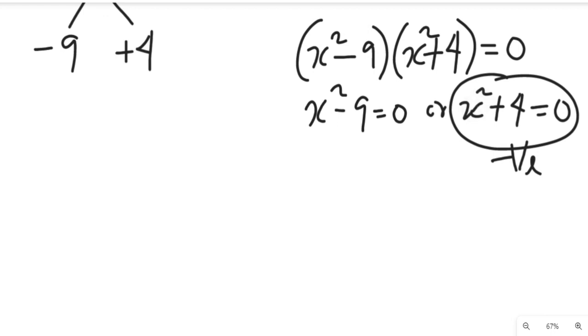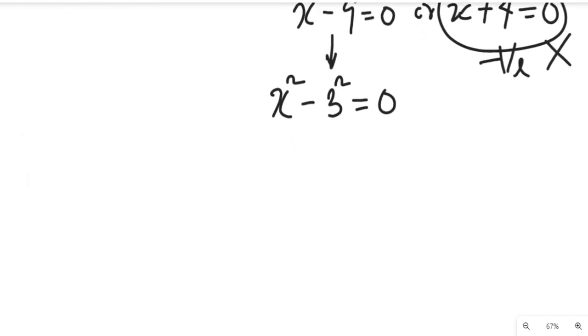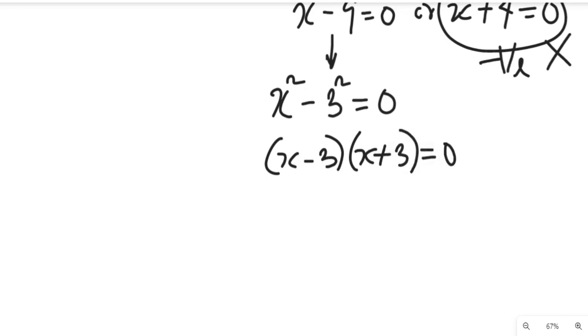Since that will give us an imaginary value, we are going to discard it, and then we'll work with this. So x squared minus 3 squared is equal to 0. If we simplify this, we are going to have x minus 3 and x plus 3, both of them equal to 0.